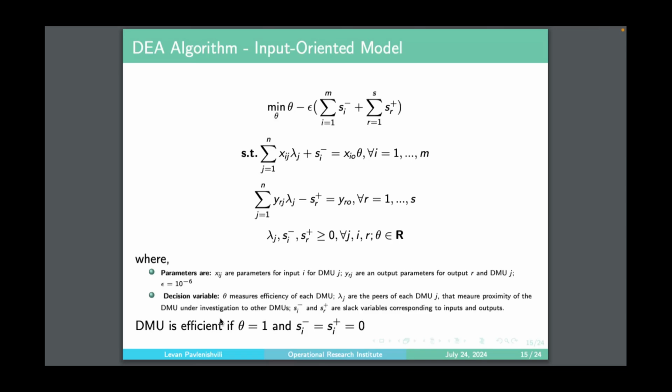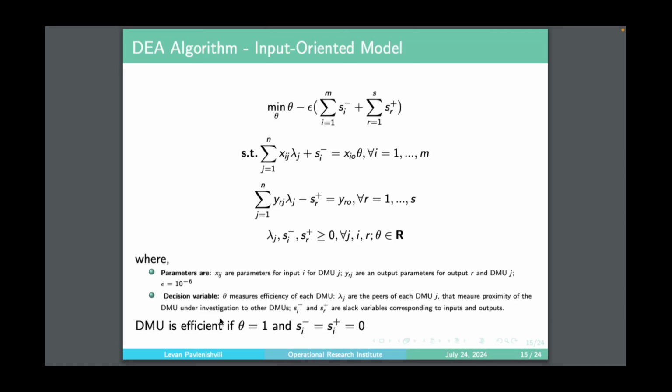It tells me, okay, this is the best lambda I could get, but you have to add additionally this much of an output, for example, or an input here, or decrease your output by this. So in this case, it's lambda j, si minus, and plus slack variables. And theta is basically a free variable. It can get minus or plus.